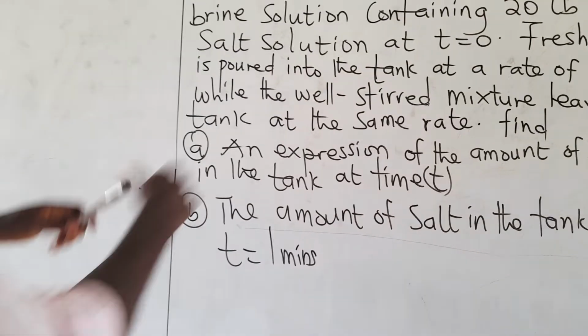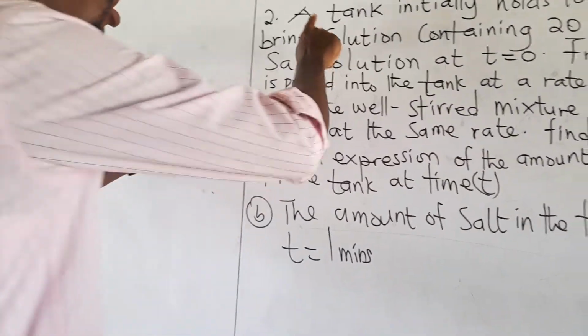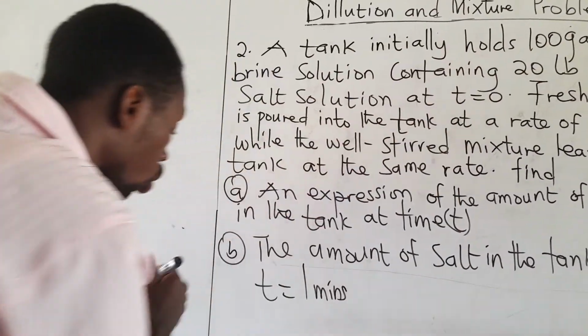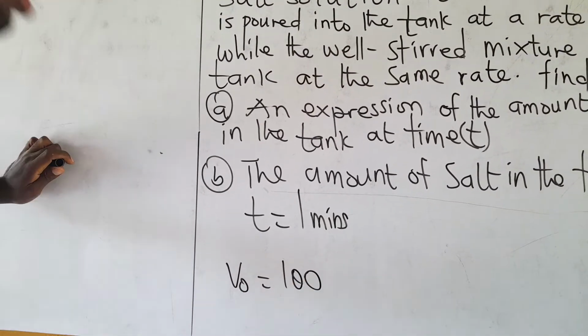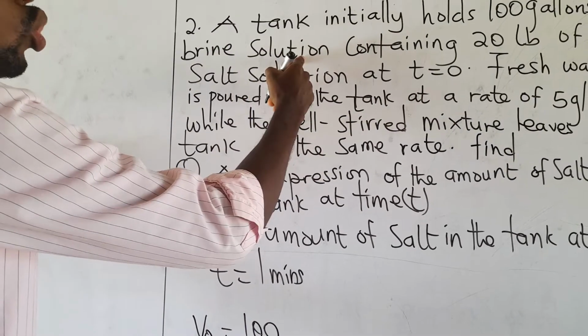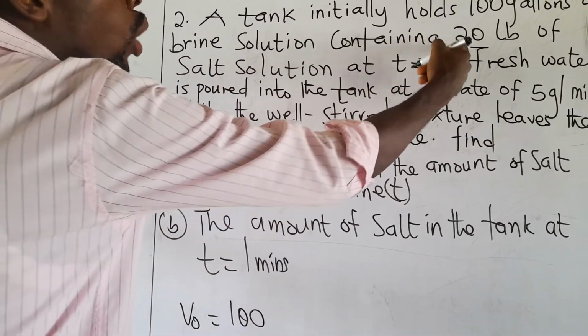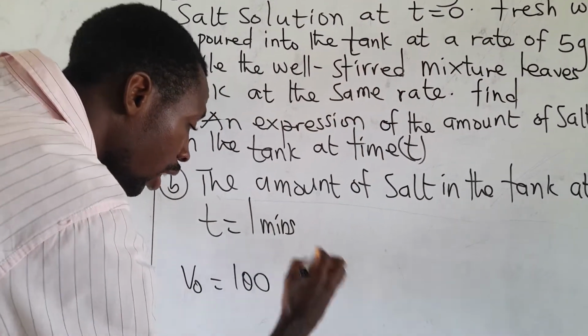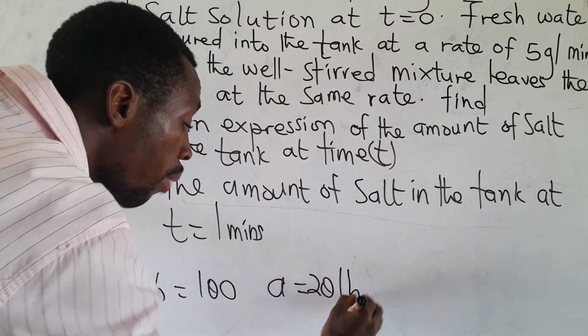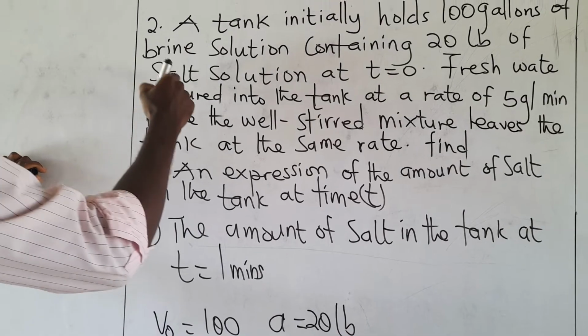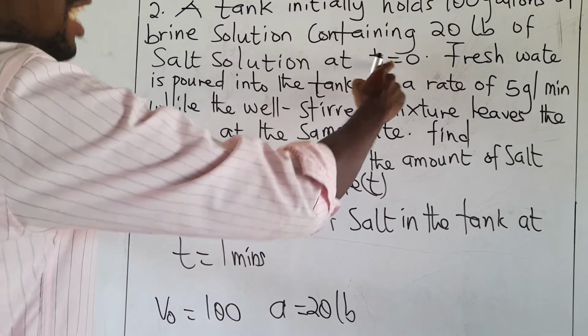So now let's locate the necessary units. A tank initially holds 100 gallons, so that's our initial volume, V naught equal to 100, of brine solution containing 20 pounds. So that's our A, the initial quantity of salt, which will be 20 pounds, at time t equals 0.